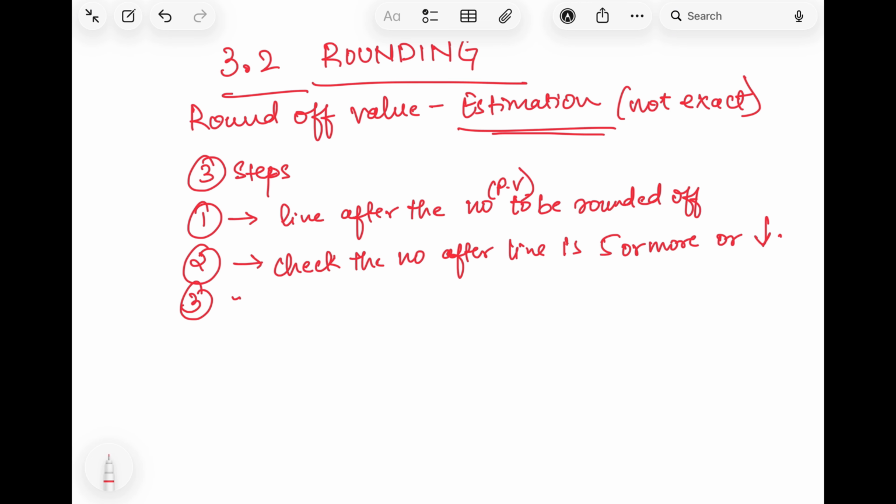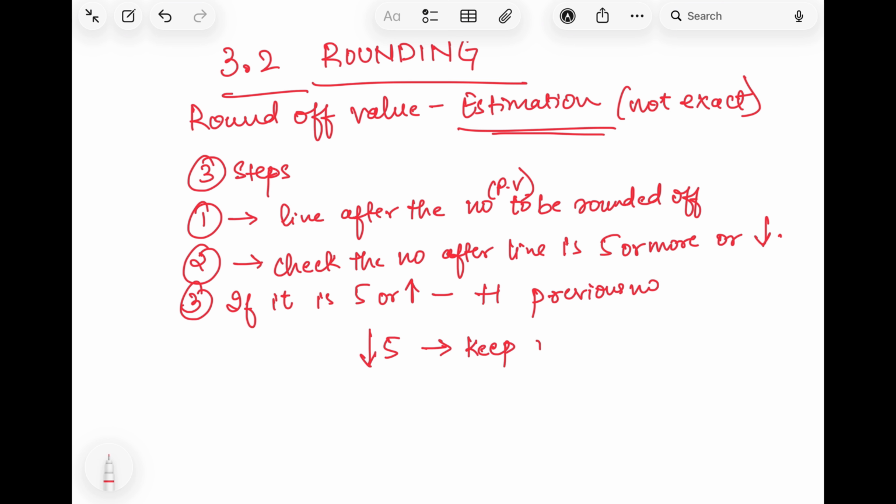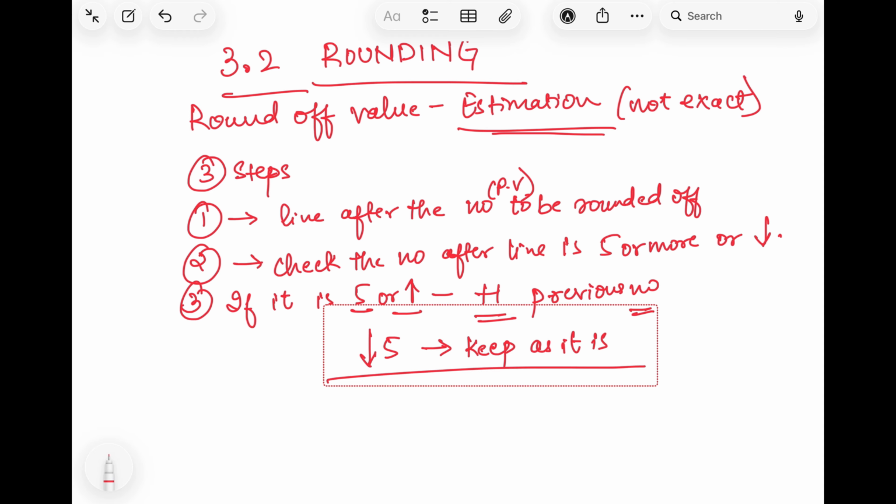Third, if it is 5 or more, then we add 1 to the previous number, and if it is less than 5, we keep the previous number as it is. We don't do any change. If it is 5 or more than 5, only then do we add 1 to the previous number, which is before the line.